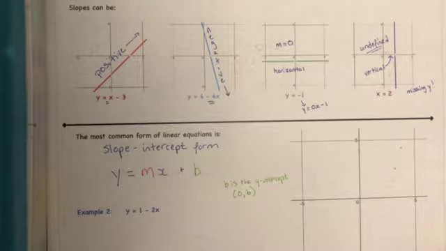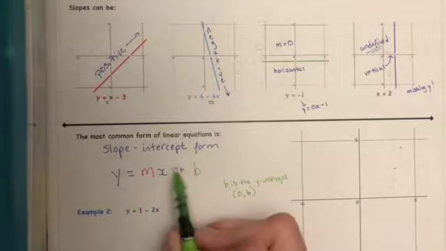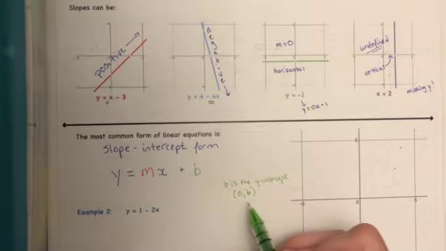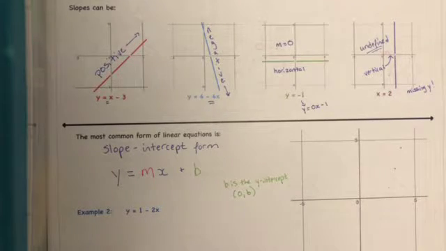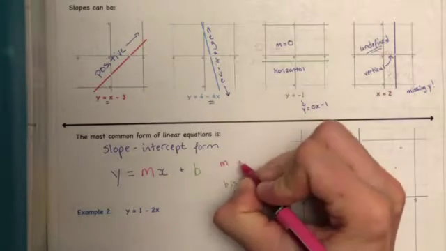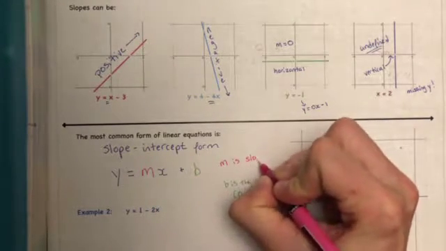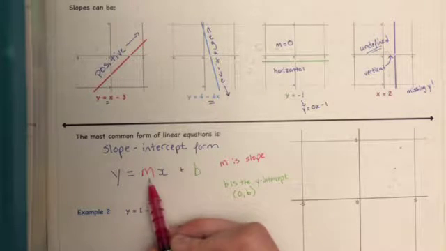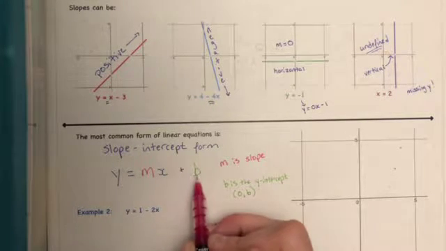So no matter what the graph looks like, b in this form will always correspond to the point (0, b), and (0, b) will always be on the line. m, on the other hand, is the slope of the line. So y equals the slope times x plus b.